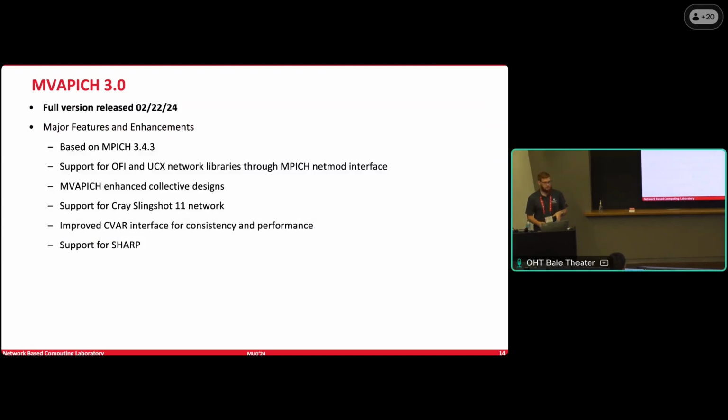So the latest complete version of the MVAPICH open source software stack is MVAPICH 3.0. We released that in late February of this year. This is a big step forward for us based on MPICH 3.4.3, which is the latest available MPICH version on the MPI 3.1 standard.